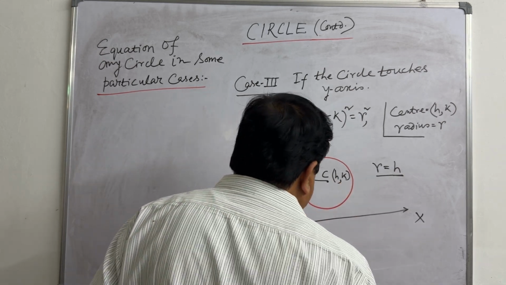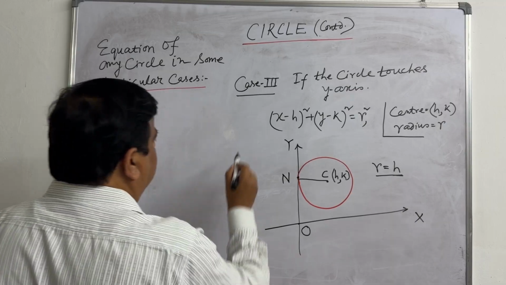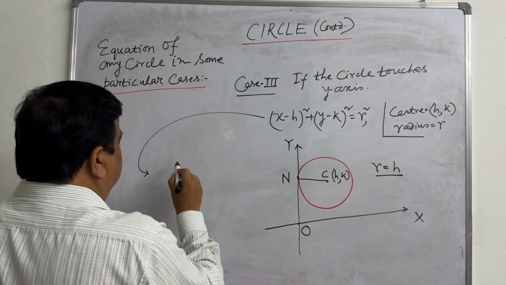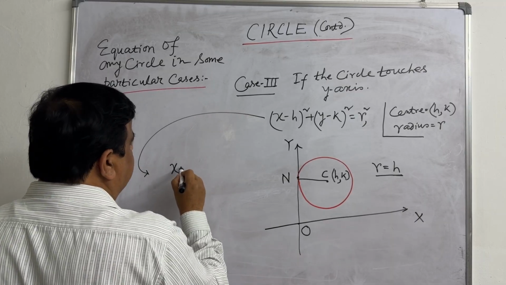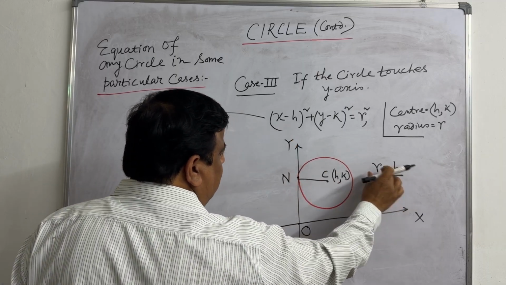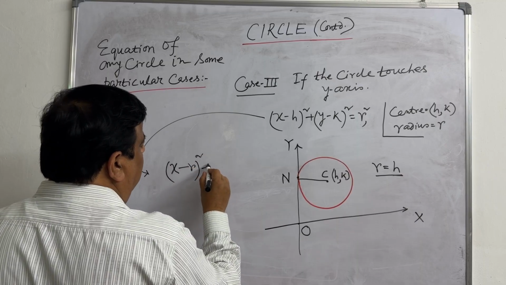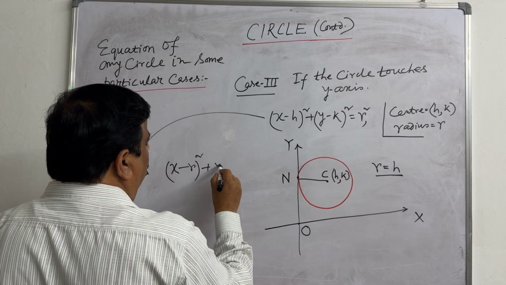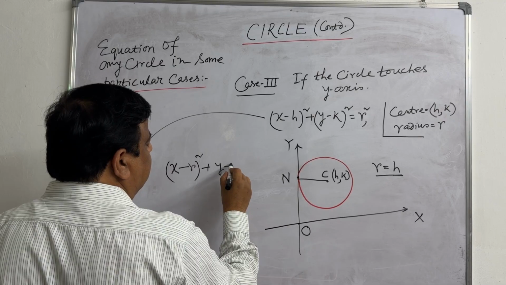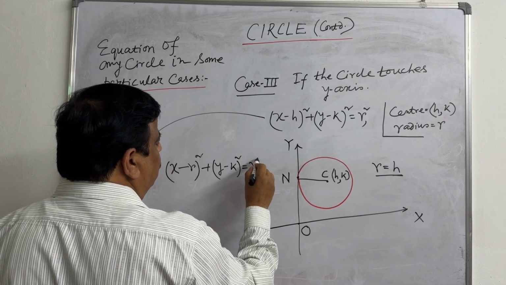So in this case, what will be the equation of the circle under consideration? Use this equation: (x minus h) whole square. Here h is equal to the radius of the circle. So (x minus r) whole square plus (y minus k) whole square is equal to r square.